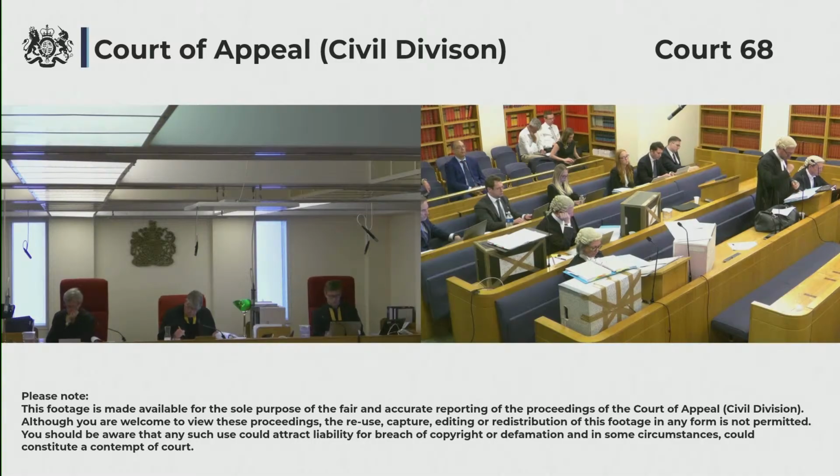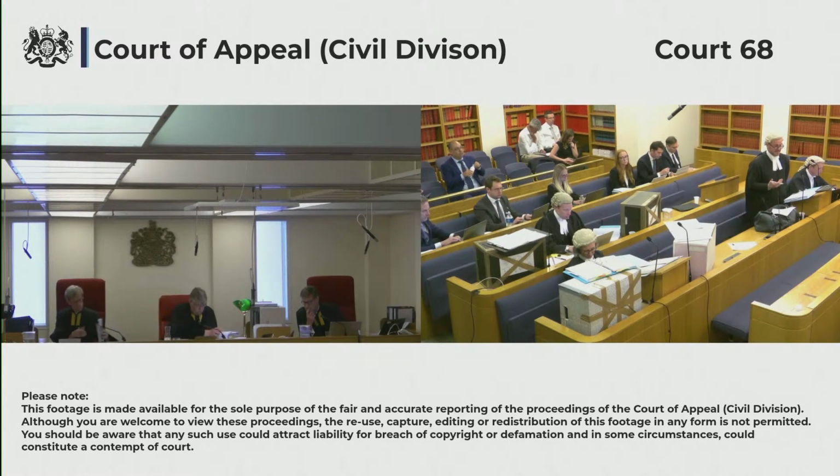Ground 6 relates to the first Easy Life mark, and this was a case in which there was no finding at all. So in some cases, the judge went, well, if I'm wrong about, for example, the variant use, I'm going to go on and consider the services and whether I need to tweak those.